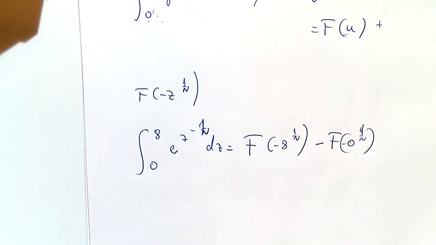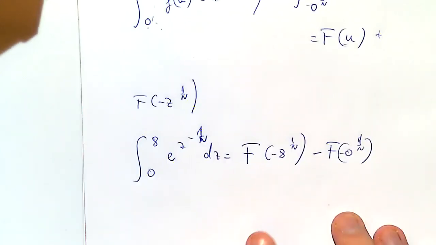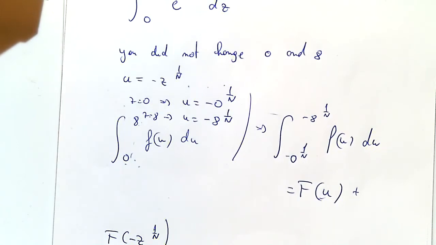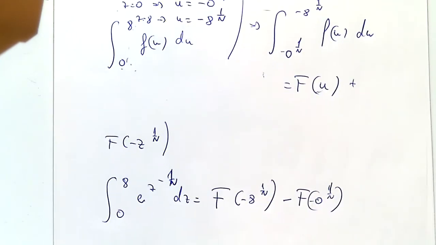And you write this, and I guess it's correct, but the idea is that if you want to do it like this, you can't keep the limits of integration and then just randomly replace them.